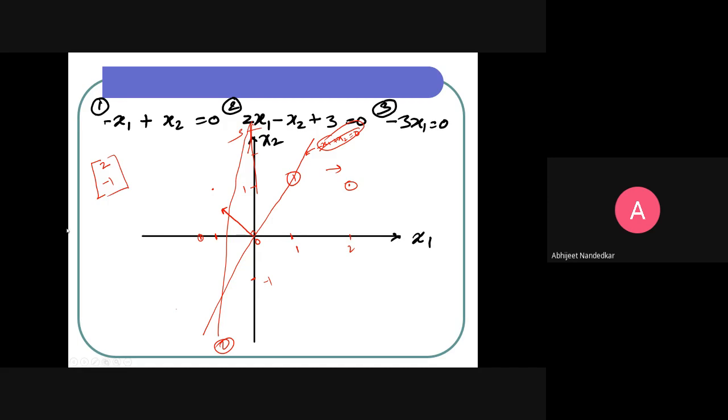So where is this direction? 2 and minus 1 is somewhere here. So for the second neuron to fire, you must be on this side of the line.